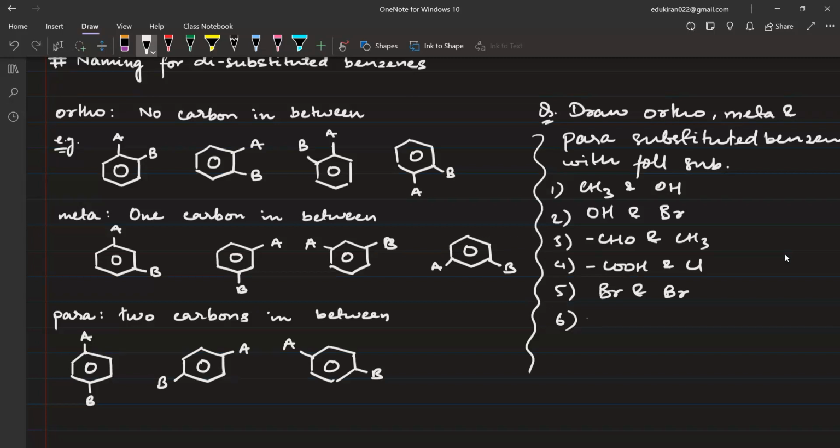Okay, so these are the groups you have to attach. Do this many, 6 structures, since I will do the first one for you guys. You can attach NH2 and what else you can attach? Br.